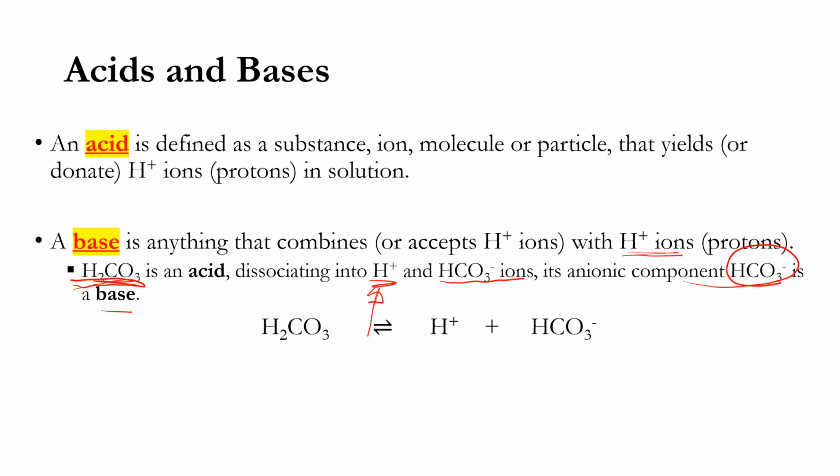So carbonic acid becomes a proton and a bicarbonate ion: this is an acid, this is a proton, and this is a base. By definition, a base accepts a proton and an acid donates a proton. However, when the bicarbonate ion combines with a proton, it will become an acid.